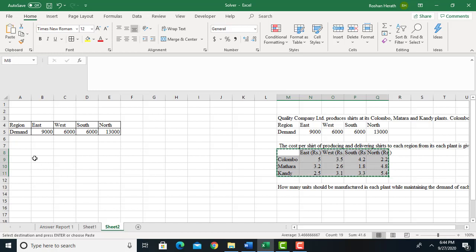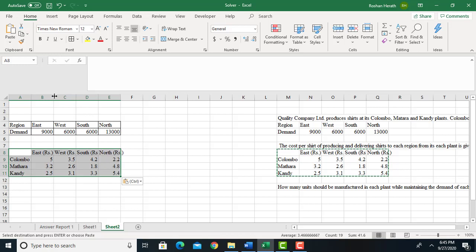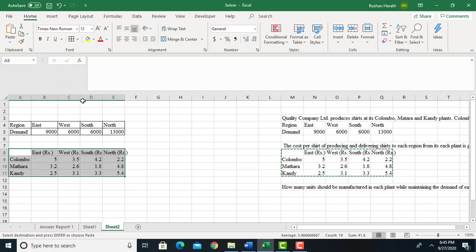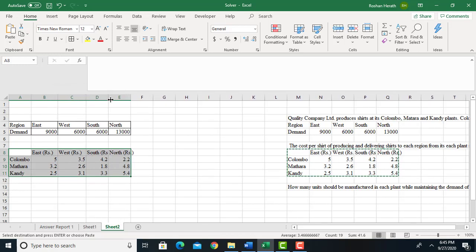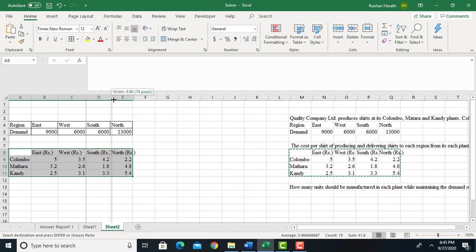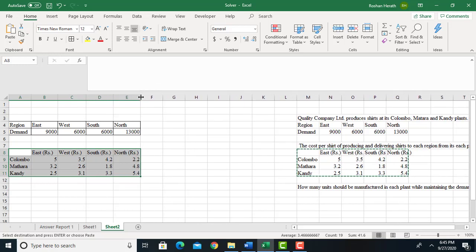Also, you are given the cost from each plant to each region, to each destination. It is also being given.